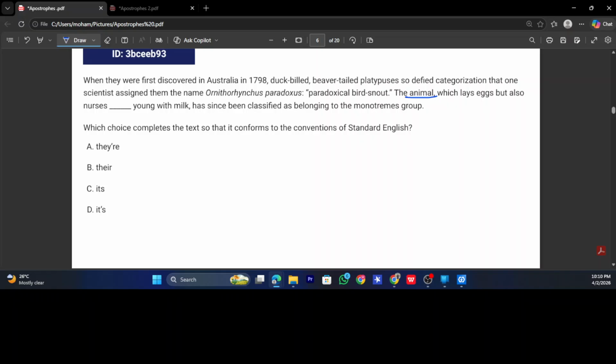The animal is only one thing, so it's singular. You need a singular possessive. A is the plural possessive, and it's means it is, so both are incorrect.